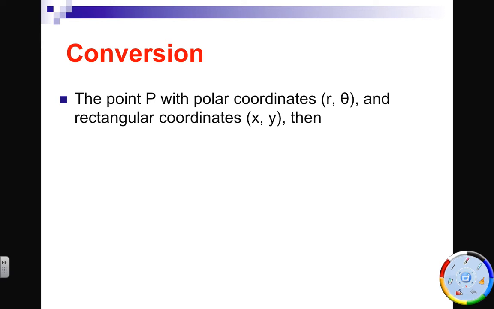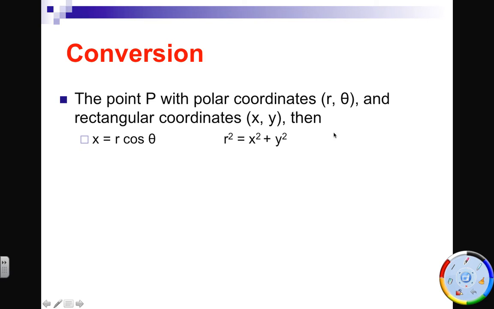If you're given a polar coordinate, we know rectangular coordinates are (x, y). And you can think a lot about what we did with trigonometry, where we found the r value using the distance formula or Pythagorean theorem, and we found the theta value by doing tangent of y over x. Or actually, sorry, tangent of theta equals y over x.